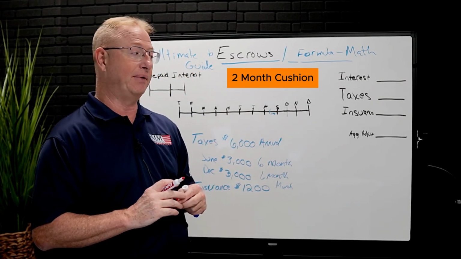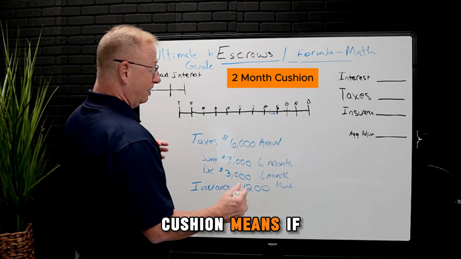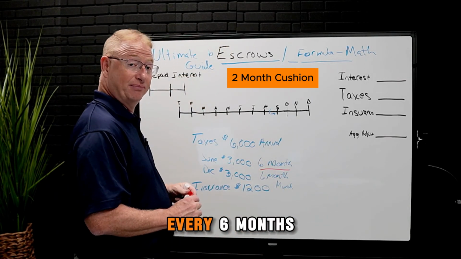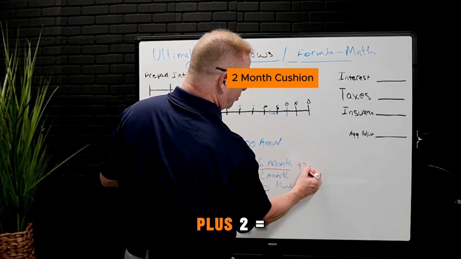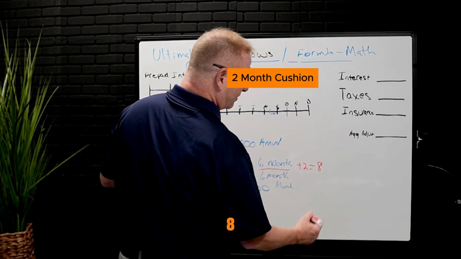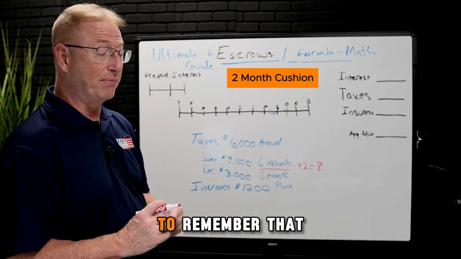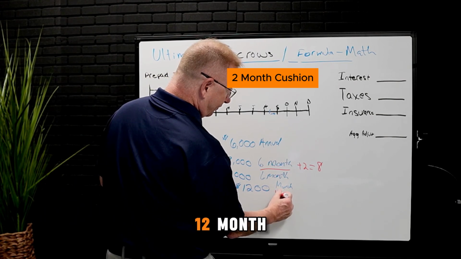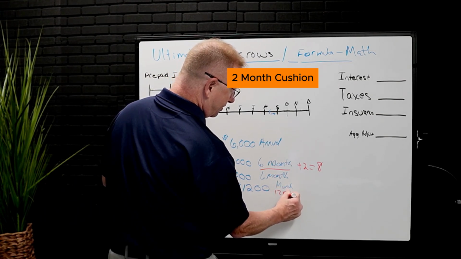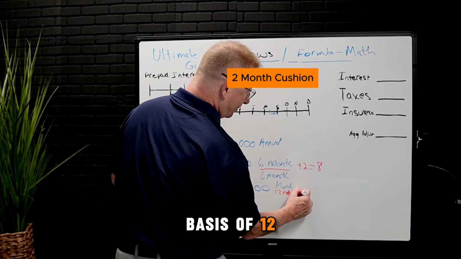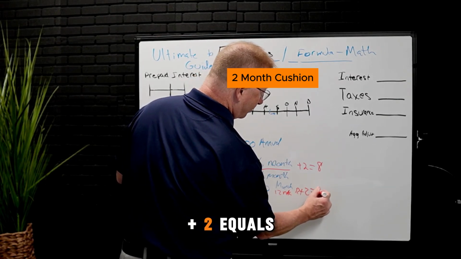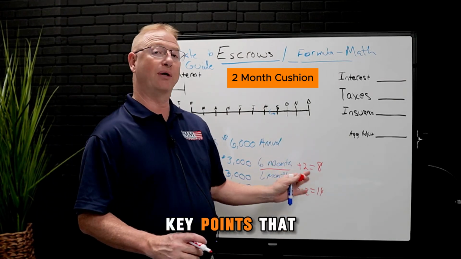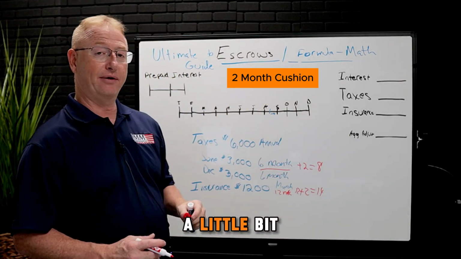A 2-month cushion means if taxes are paid every 6 months, plus 2 equals 8. I want you to remember that. Insurance is paid annually on a 12-month basis, so 12 plus 2 equals 14. Those are some key points that we're going to need a little bit later.